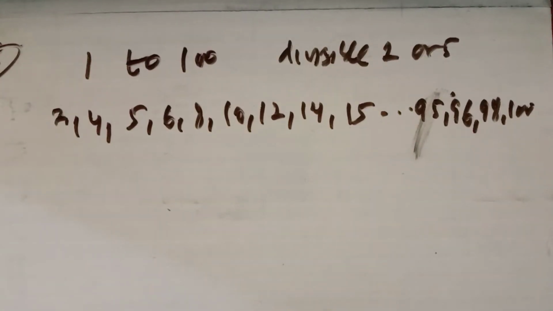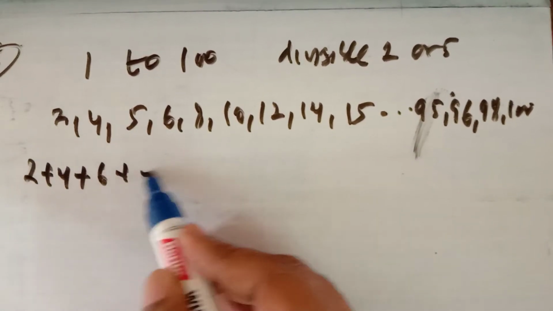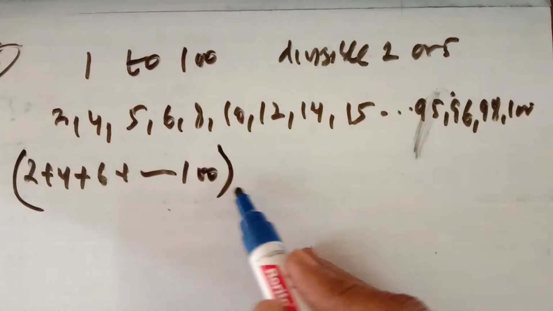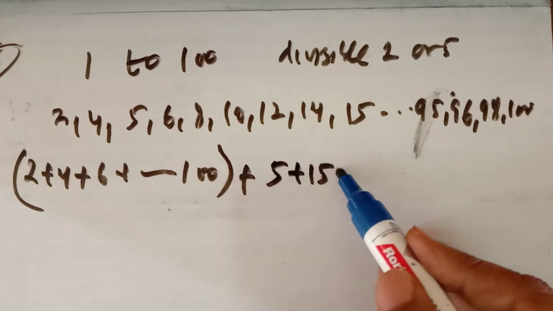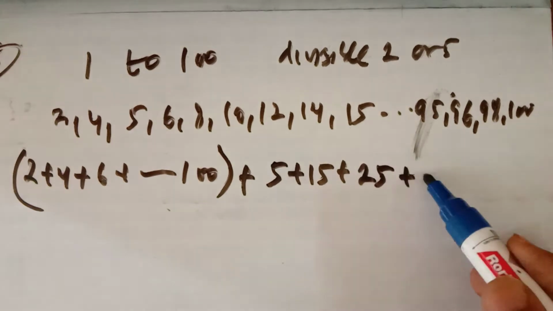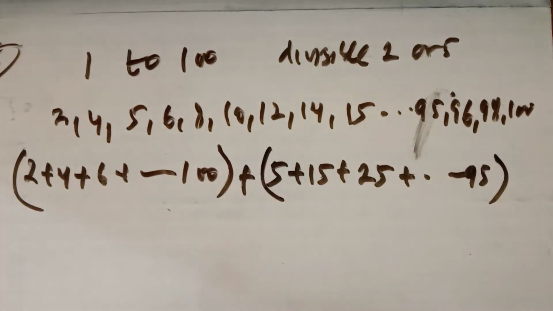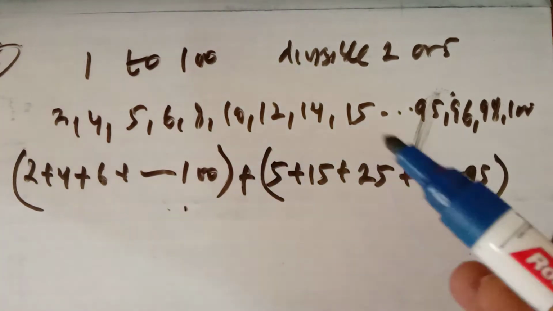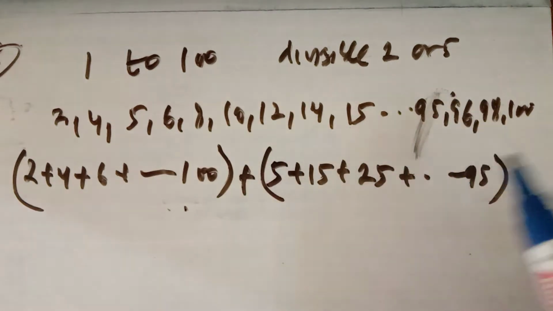So these are the numbers, and if you see the pattern of these numbers, some of them are even numbers up to 100 and another are multiples of 5, that is 5, 15, 25 and up to 95. I've separated those numbers which are multiples of 2, and those remaining which are 5, 15, 25, and so on.